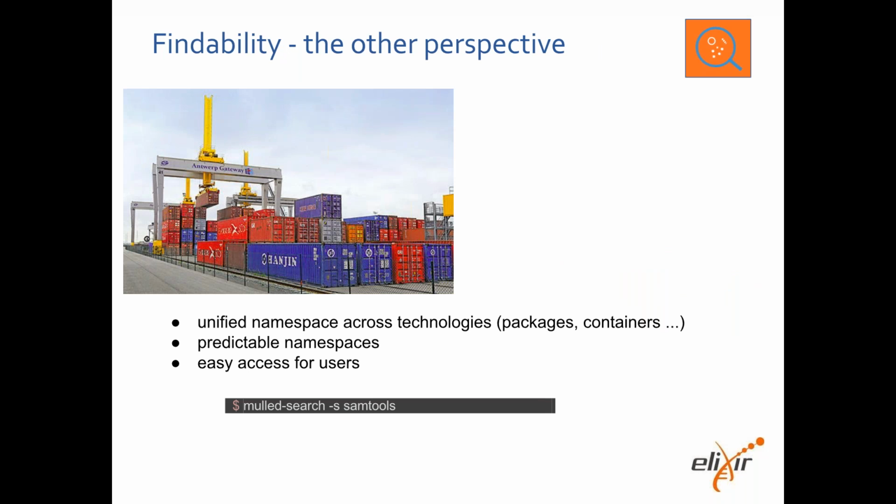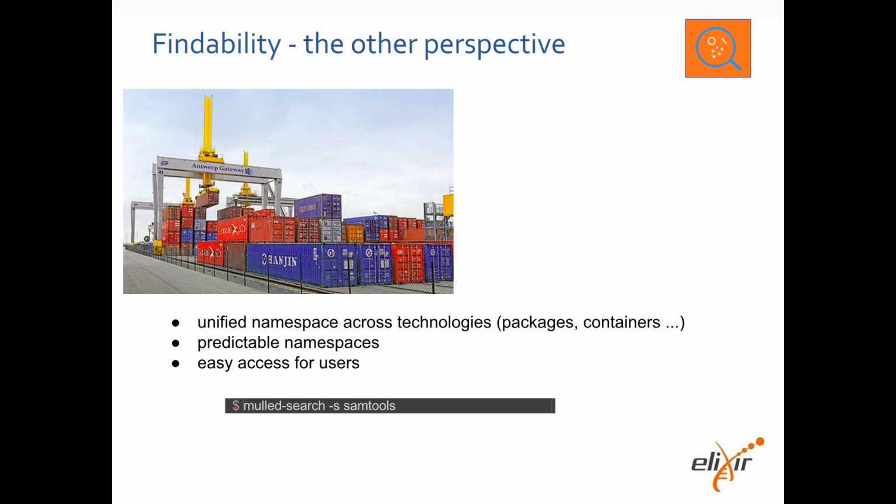As a roundup, I would like to talk now about findability from the other perspective. If you want to find a container for a specific package, you need to have a unified namespace across these technologies. Just assume you are searching for SAMtools, and you want a Singularity image or a Docker container for SAMtools.